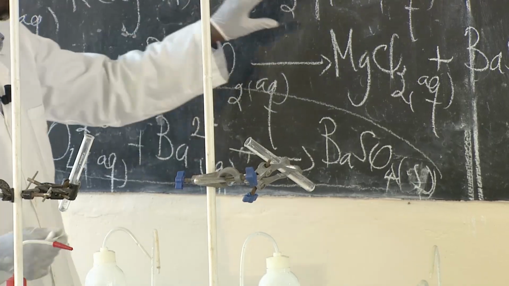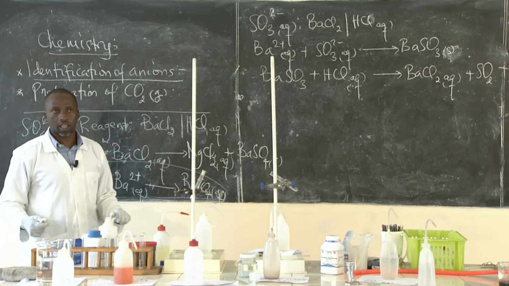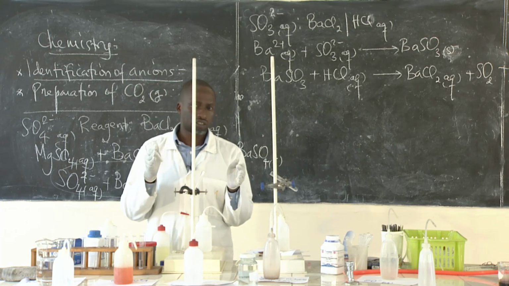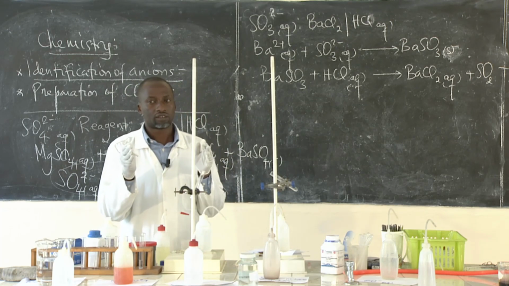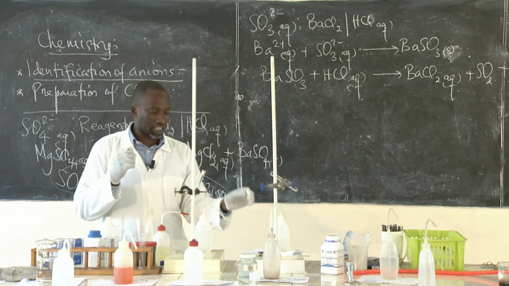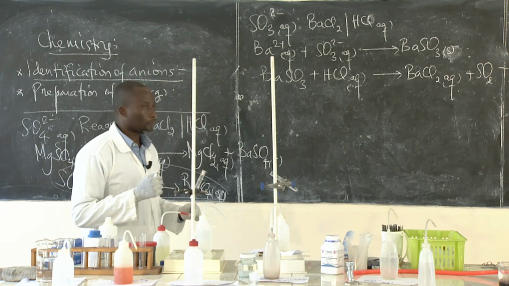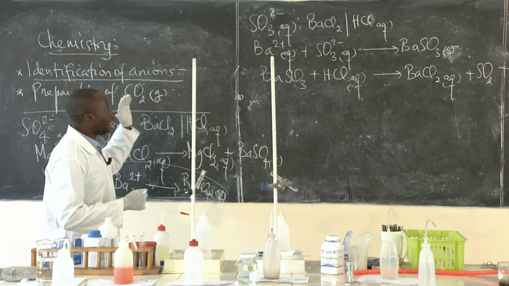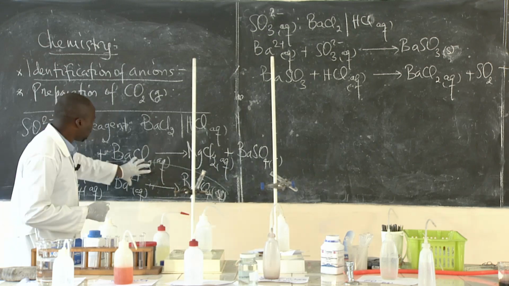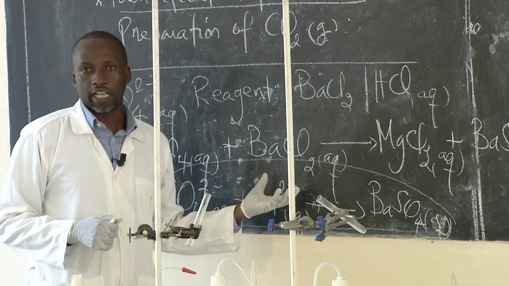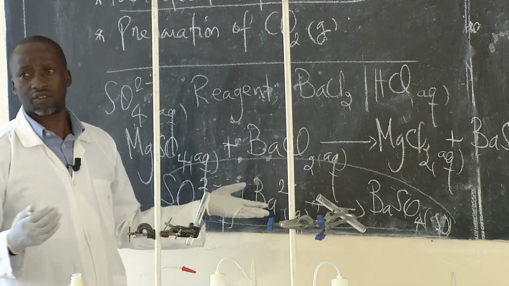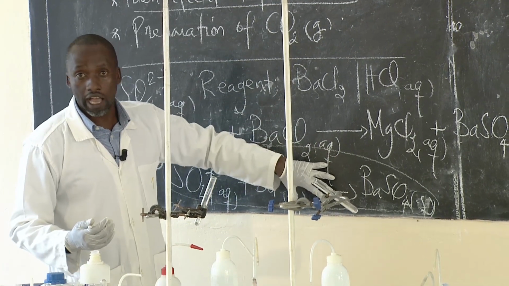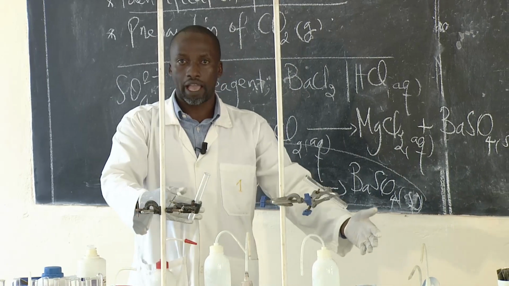These reagents, the barium chloride and HCl, are used to distinguish between the sulfate ions and the sulfite ions. So when you add the hydrochloric acid, if it was a sulfite here, assuming I didn't know that there was a sulfate here, the precipitate would disappear.